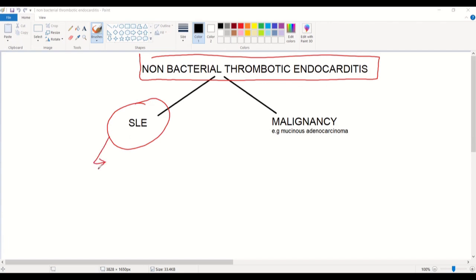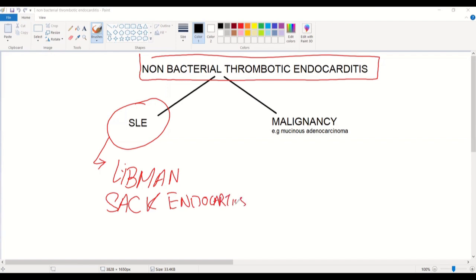If it is due to SLE, it is also known as Libman-Sacks endocarditis, right? And if it is due to malignancy, most commonly it is due to mucinous adenocarcinoma of the pancreas, right?